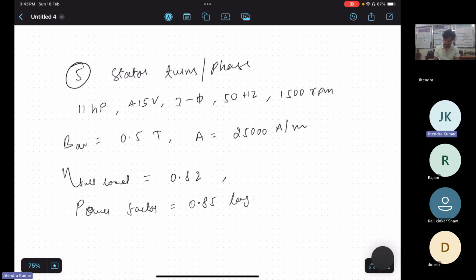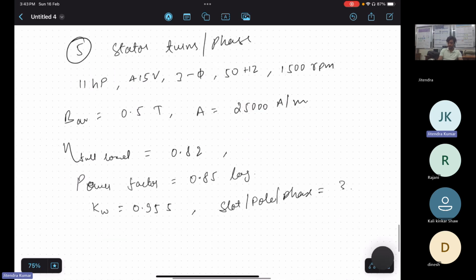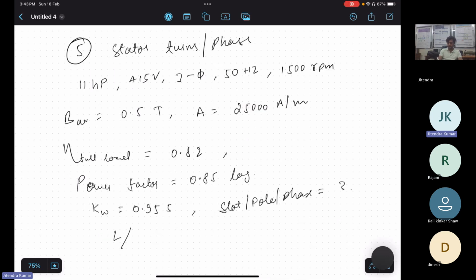Winding factor is again same, 0.955. And again, same slot per pole per phase is equal to 3. Now, this time a stack length to pole pitch ratio is mentioned, that is 1.5. Now we have to calculate stator turns per phase.